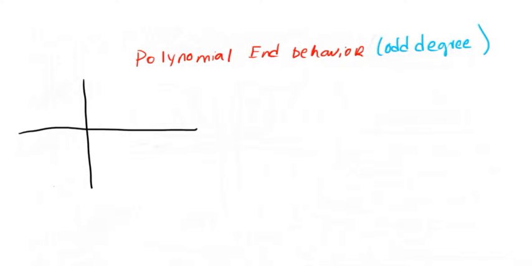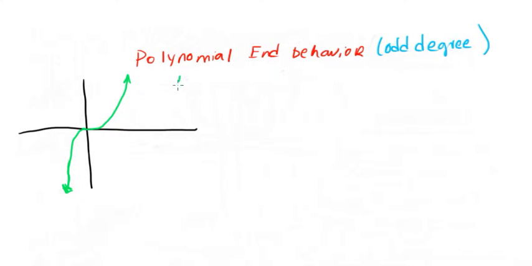Give me a second. Okay, so this here is an odd degree polynomial function graph, of course, where the leading coefficient, let me rewrite that better.